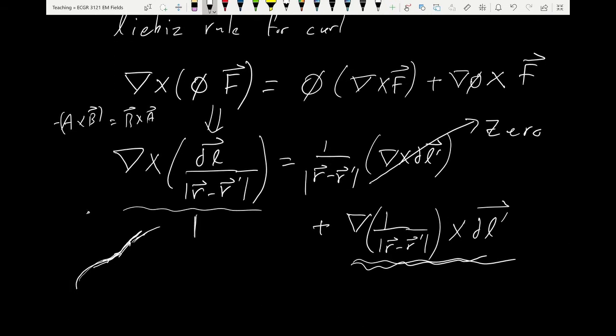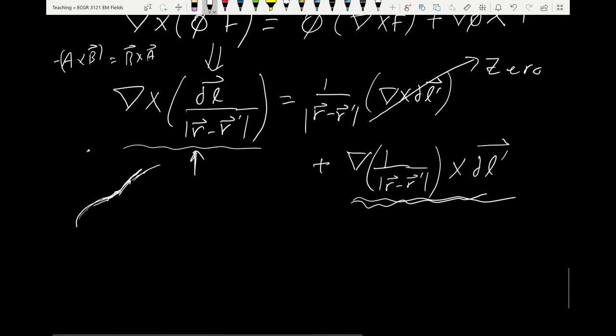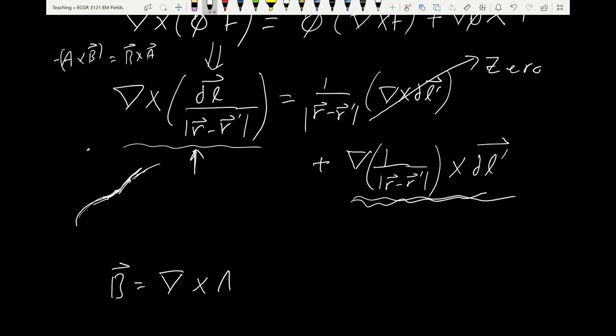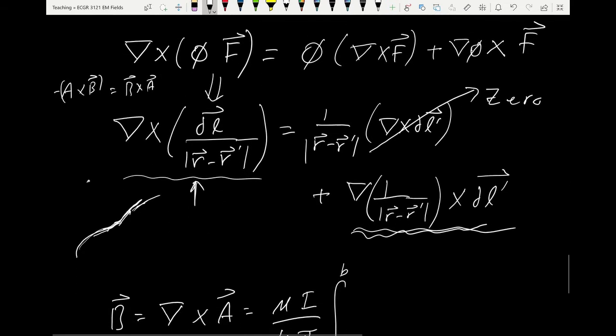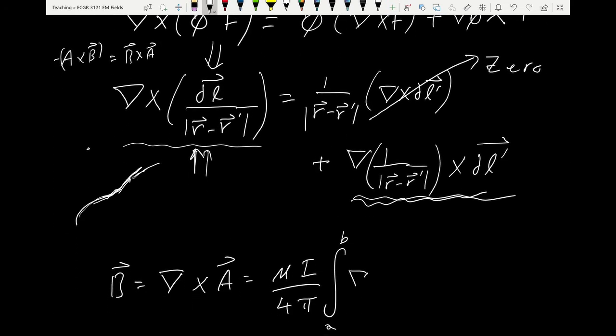So I end up with B equals curl A, we're almost there, equals mu I over 4 pi. I got rid of the minus sign just to swap the cross product. And instead of this gradient cross dl, I end up with curl of dl prime over magnitude r minus r prime.